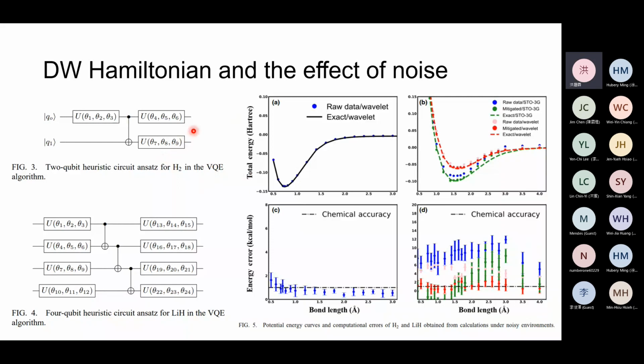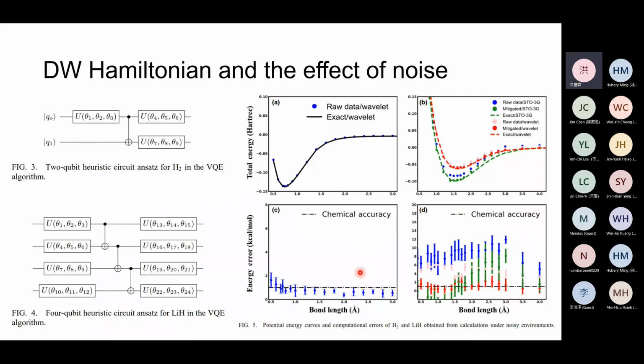The numerical experiment used a low-depth ansatz for these two molecules, just very low depth, just depth 3. In the right panel, figure 5 shows the potential energy curves of the VQE simulation for hydrogen and lithium hydride using the DW Hamiltonian constructed on the minimal basis.